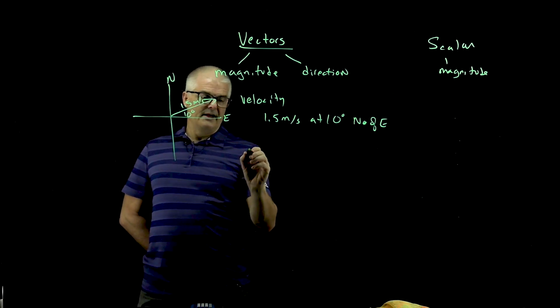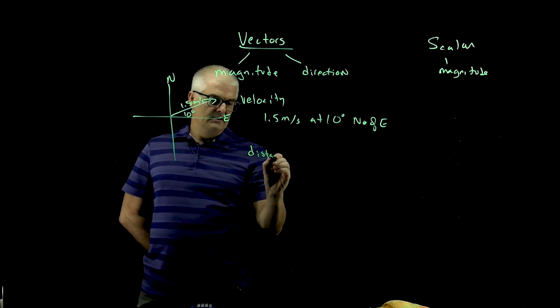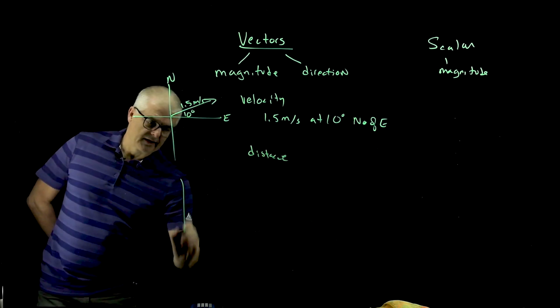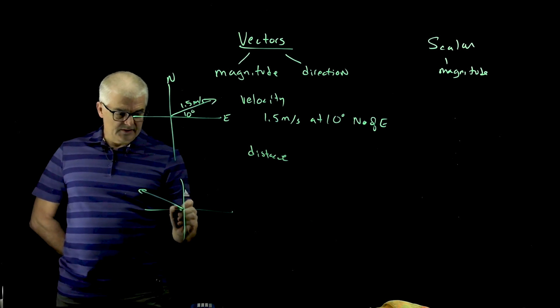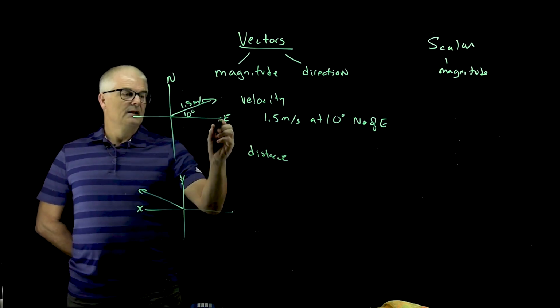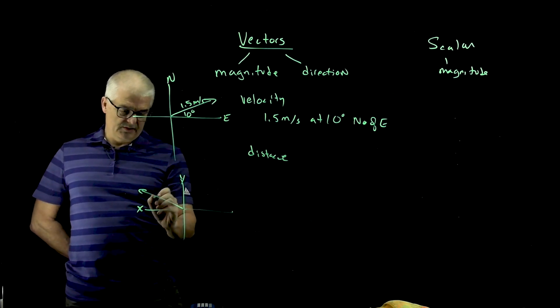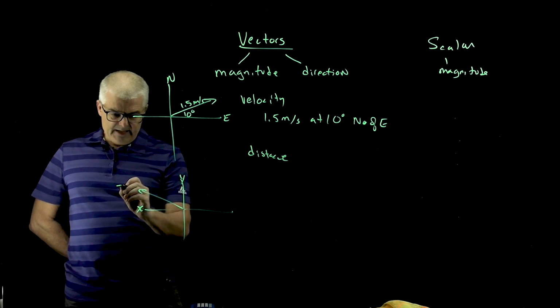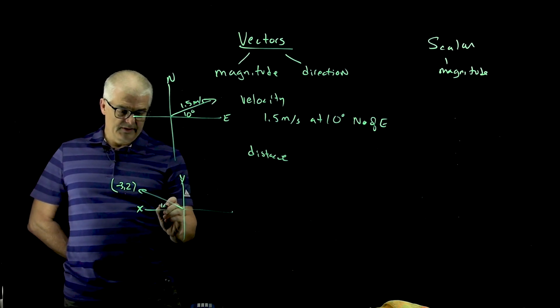So that would be an example of a velocity vector. You can also have a distance vector. Let's go this way, boom. Let's say this is x and this is y, and we're at -3, 2 over here. Let's say that's 10 degrees. I don't know if that's at 10 degrees.